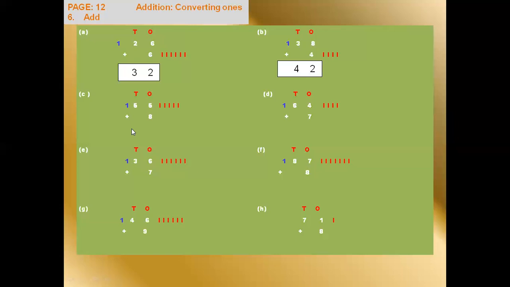C part. 55 plus 8. First we add the ones. 5 plus 8. So 5 is the smaller number. So we draw 5 lines. 1, 2, 3, 4, 5.